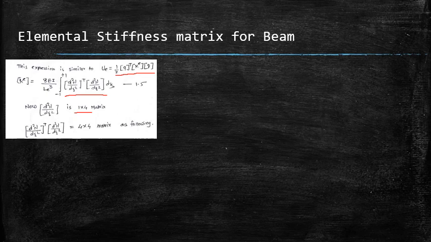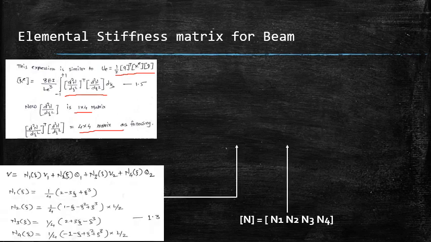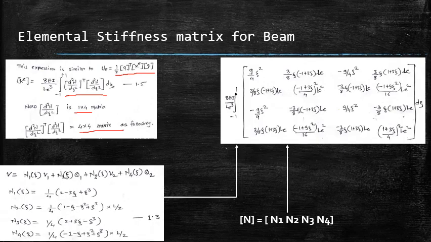So the product of d2N by d zeta square transpose into d2N by d zeta square will be a 4 by 4 matrix, which is represented as this. This matrix is obtained by the product of these two matrices, and it has the dimension 4 by 4.